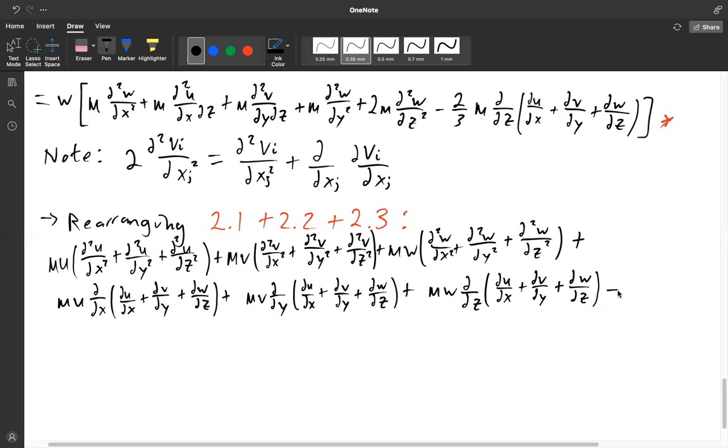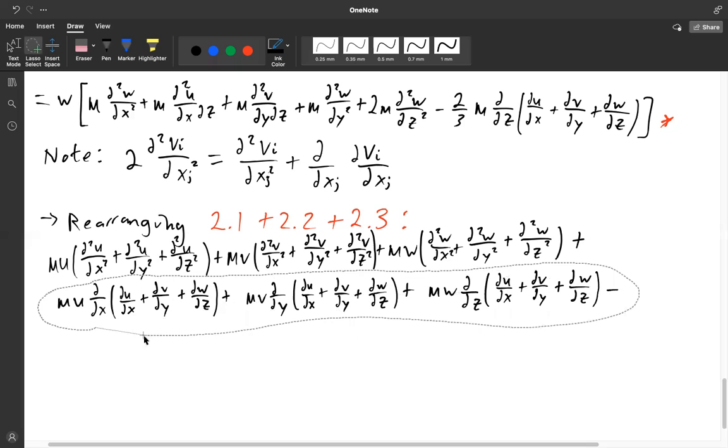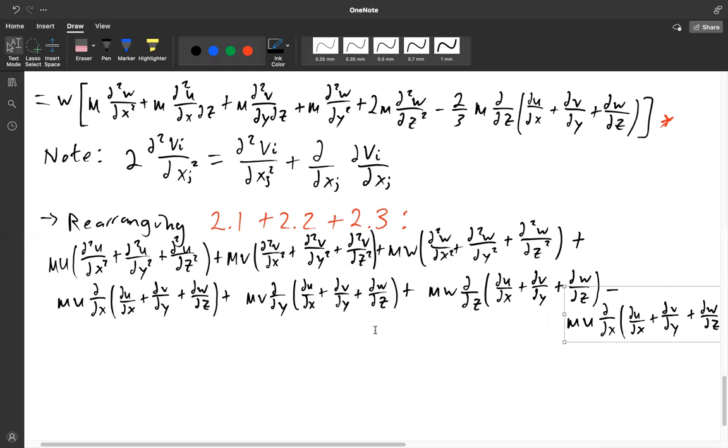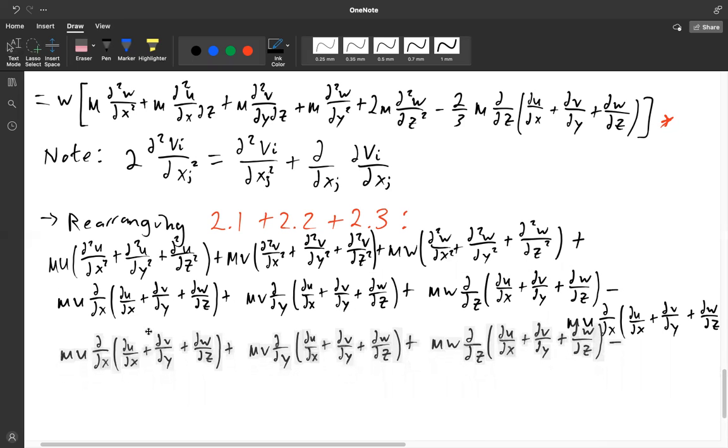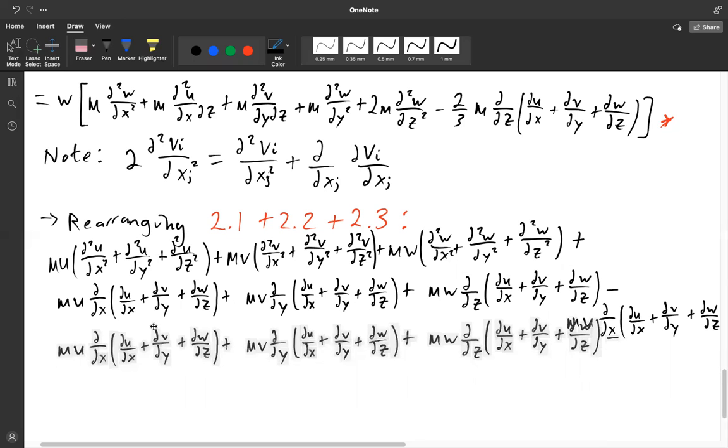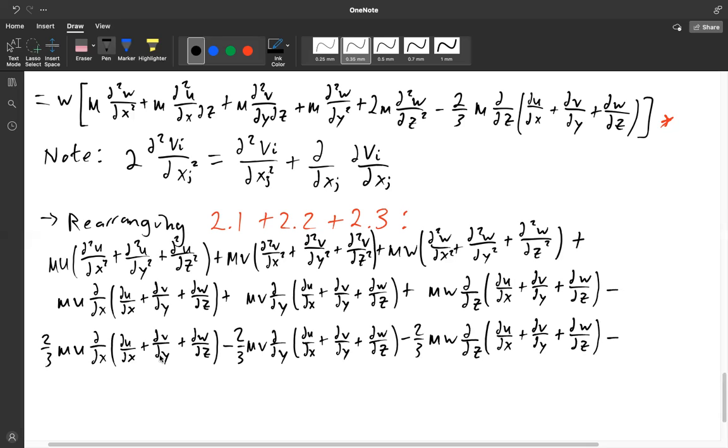We'll have this term be subtracted by the 2/3 portion of the equation, which is the exact same terms as the ones I've just written. So we can actually lasso this, move this over here, change some of these terms to subtract 2/3 and change the coefficient.